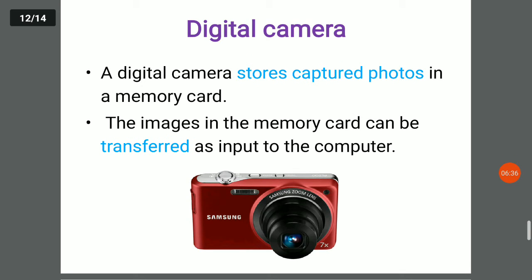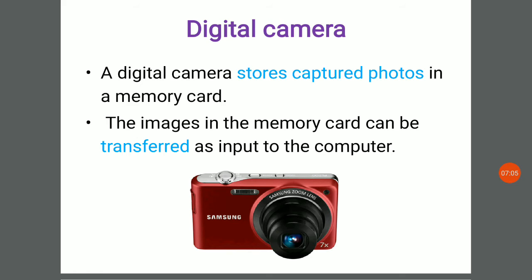Digital camera. Now how does digital camera become an input device? Let's see. A digital camera stores captured photos in a memory card. The working of camera is clicking pictures. After clicking, pictures are stored in a memory card. Now the images in the memory card can be transferred as input to the computer.